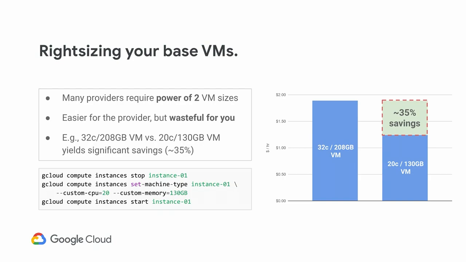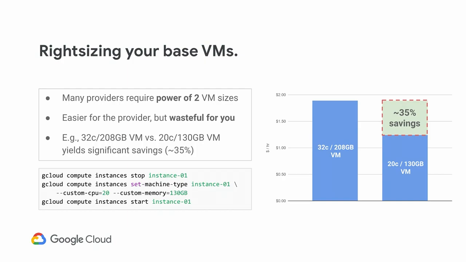Let's take an example. Let's say you need 20 cores. In the old powers of 2 world, you'd be stuck with a 32-core VM. And that means you're paying for 12 extra cores that you don't need. That doesn't seem really fair from our pricing principle perspective, right? So take advantage of custom machine types. Take a look at what you can do to shrink down your VMs to the right size.